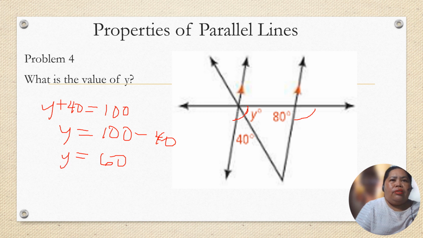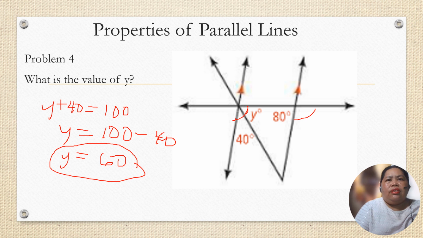Therefore, y is equal to 60. Yes, 60 plus 40 is 100 because this should be 180, and 100 plus 80 is 180. And they have the same measure as the angle y and the 40 degrees angle.